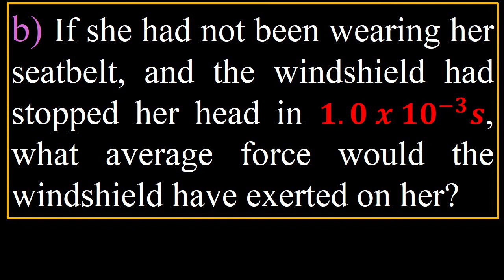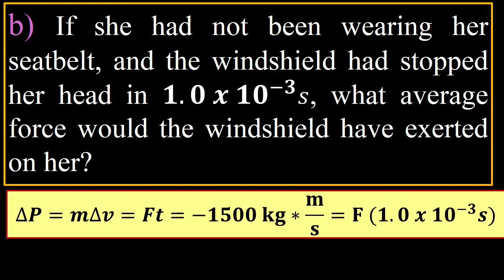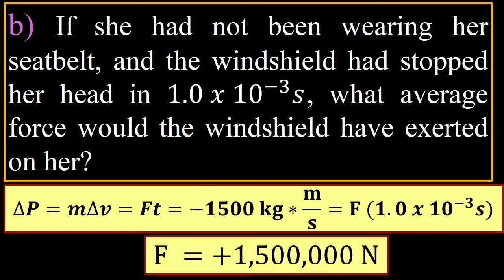So the average force the windshield would have exerted would be that original value, 1,500 kilogram meters per second, and then you would divide through by 1 times 10 to the negative 3 seconds, and that would be considerably higher, plus 1,500,000 newtons.